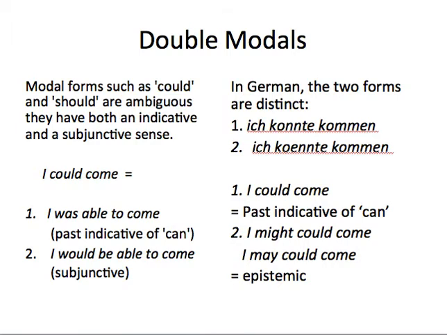So in a language like German, this ambiguity does not exist. We have two separate forms. So the notion of a double modal is responding to the second form. It's distinguishing between the indicative meaning of could, and the subjunctive or modal meaning of could, or epistemic meaning of could, as in I might could come or I may could come. Okay.